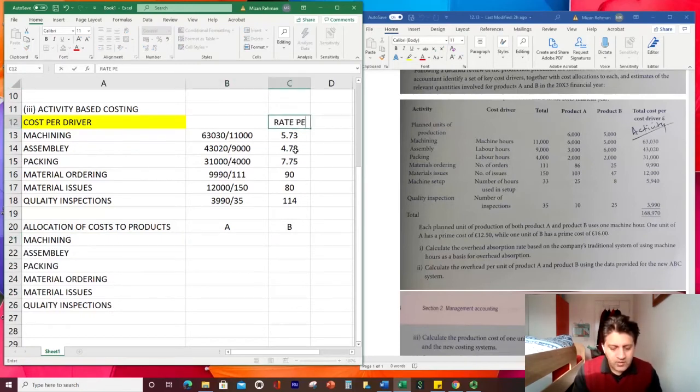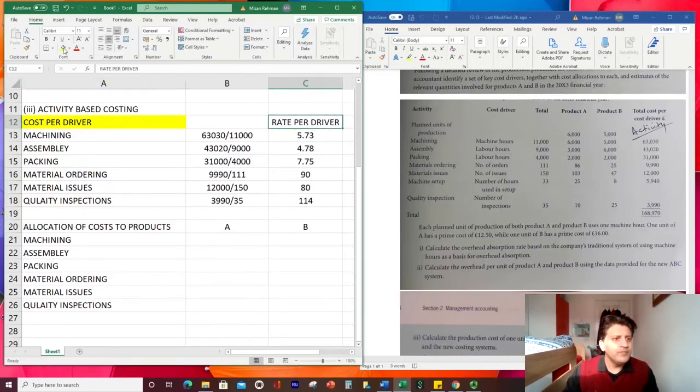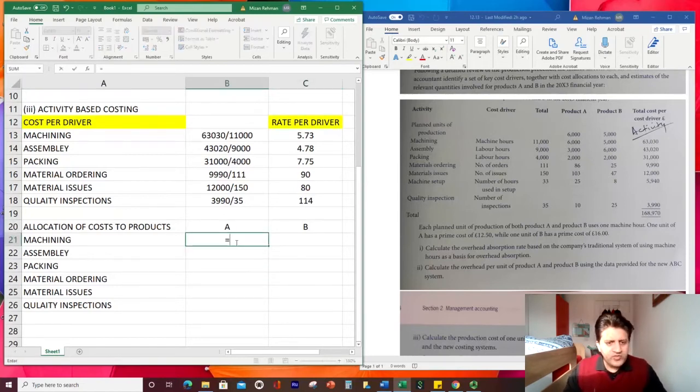So rate per driver is this. So A uses, so simply how many drivers each product uses, and then the rate per driver.